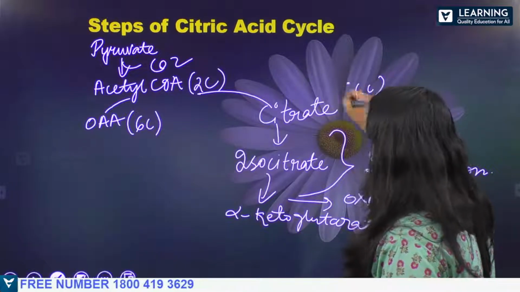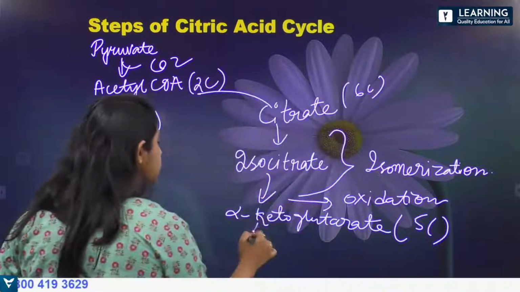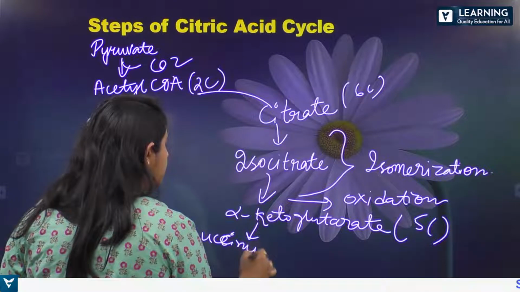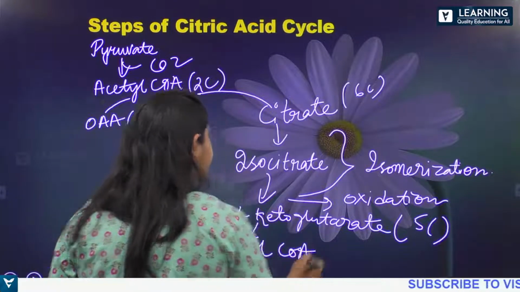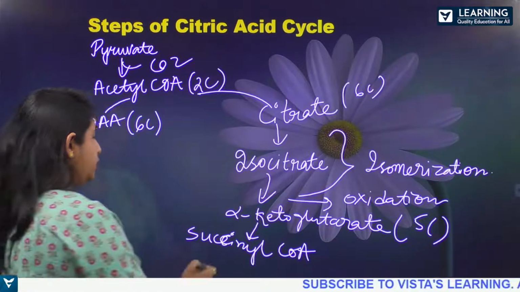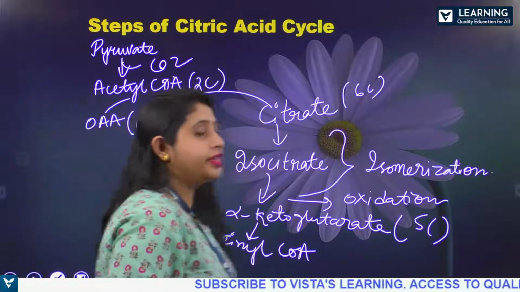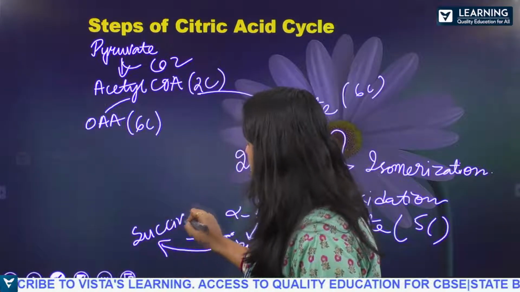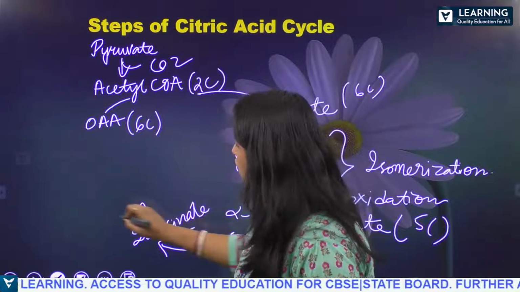So further what happens? Further it is oxidized into succinyl coenzyme A, right? Then further succinyl coenzyme A gets converted into succinate. Okay, succinate. Then from succinate, what is being formed?